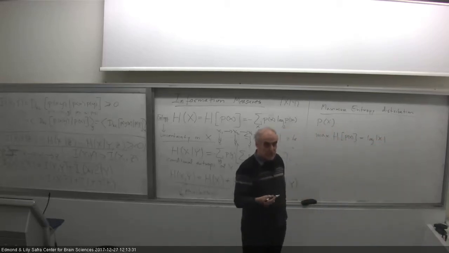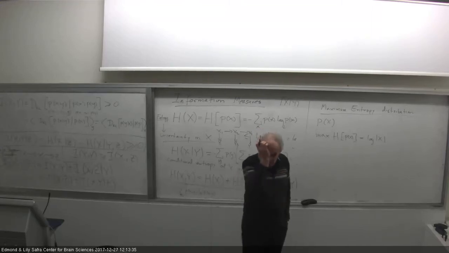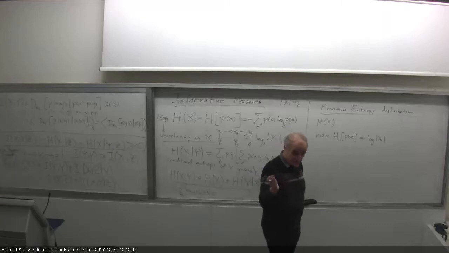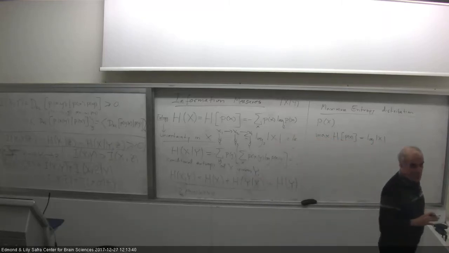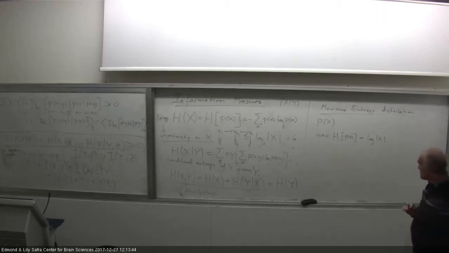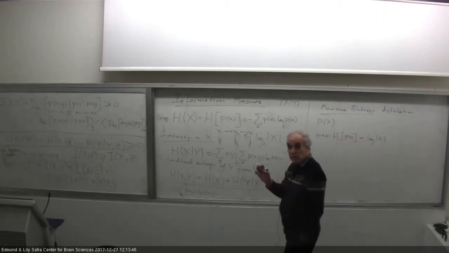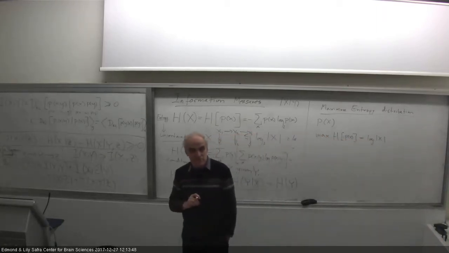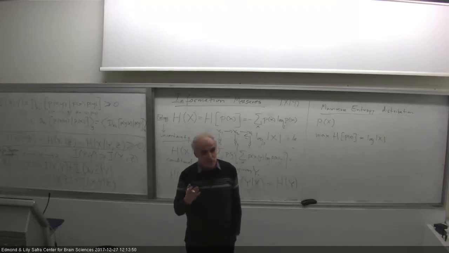And this is the maximum I can do, and this happens when all the outcomes are equally likely. So maximum uncertainty is just intuitively maximum uncertainty. Everything is unknown. Now, what happens if I know something about x?